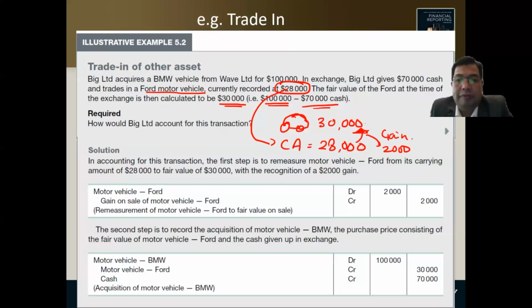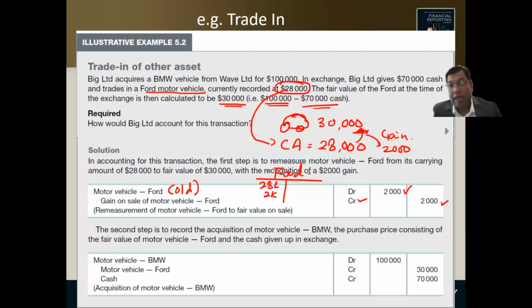It's very easy. The first thing is we record the gain on disposal. I'm going to credit the gain 2,000, and I'm going to debit the old Ford vehicle by 2,000. So when you do this, what happens? This is your Ford vehicle. Before, this is 28,000. Now you add another 2,000.